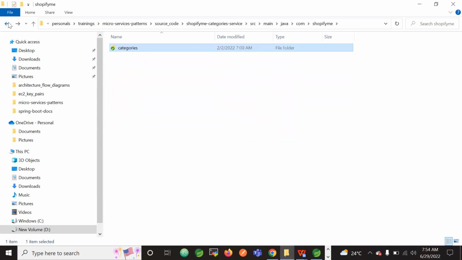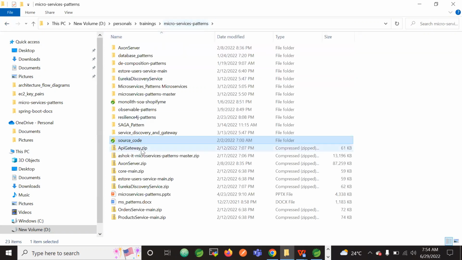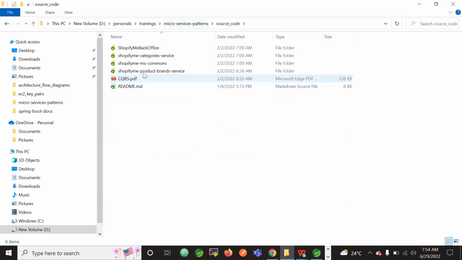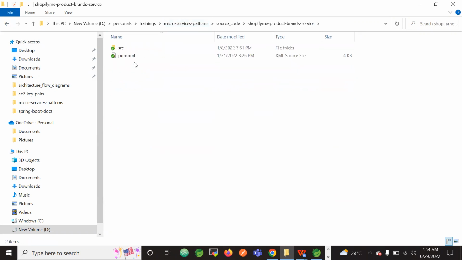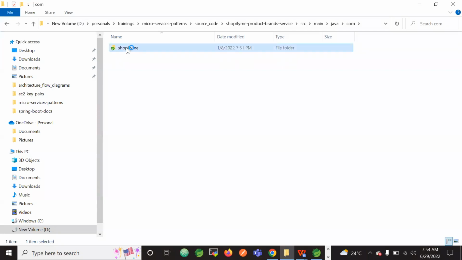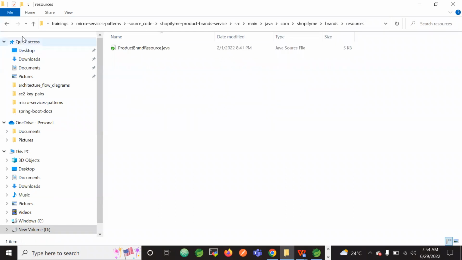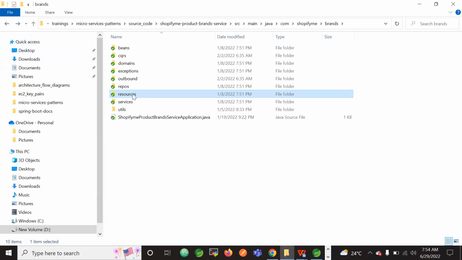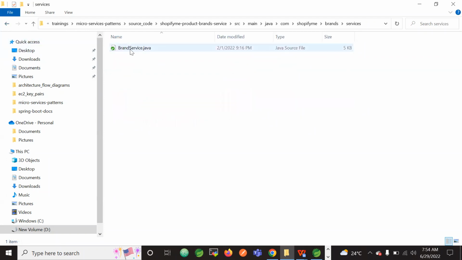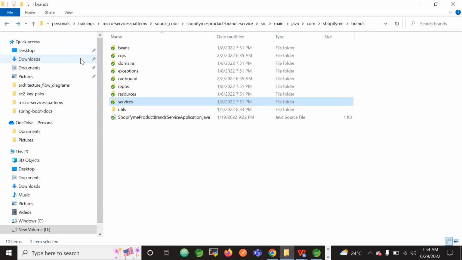Similarly, if you look at the source code of another microservice called product, it contains only the product specific source code. See this brands, it has the product brand resource and product brand service, right?